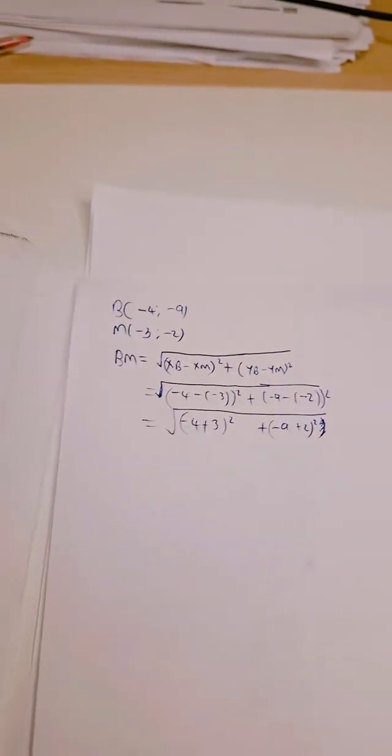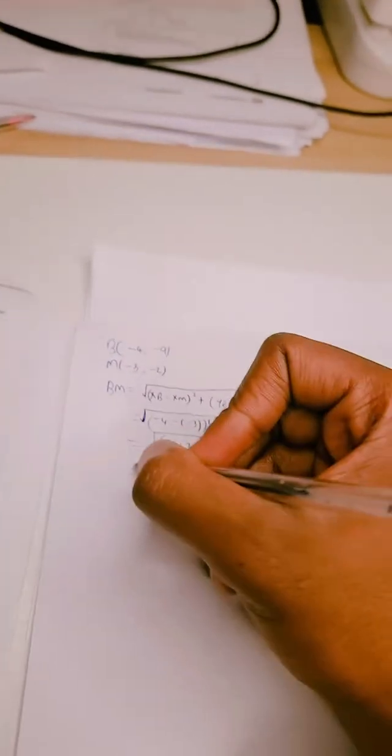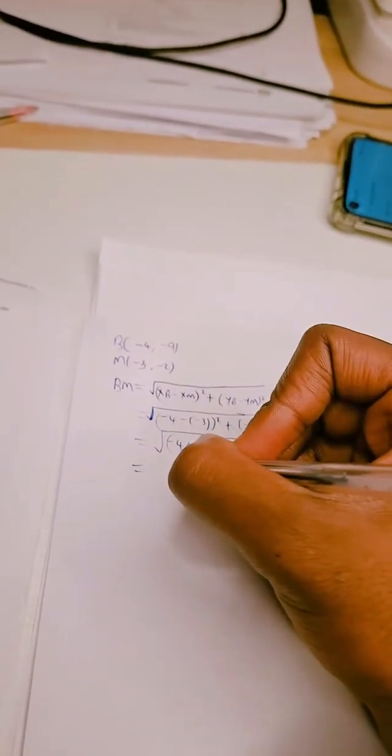Okay, then we have negative 9 plus 2. Nice, it seems like you guys got the same length for both.